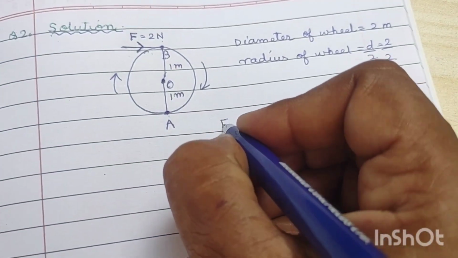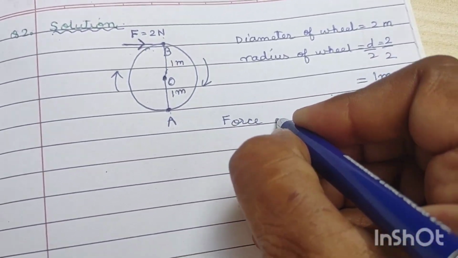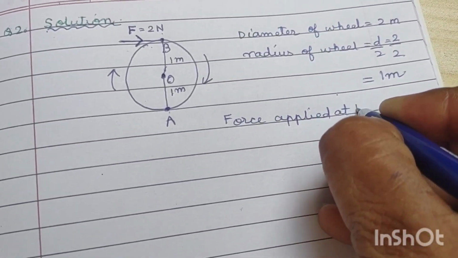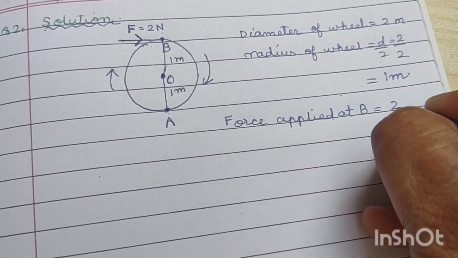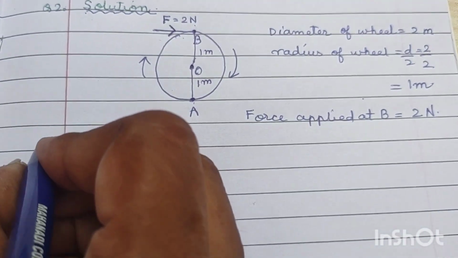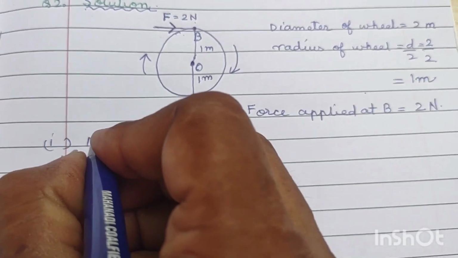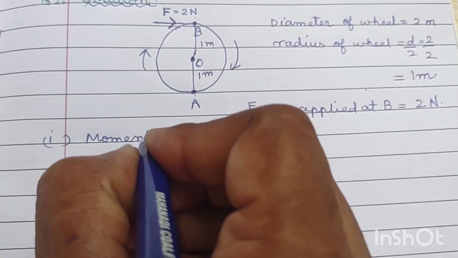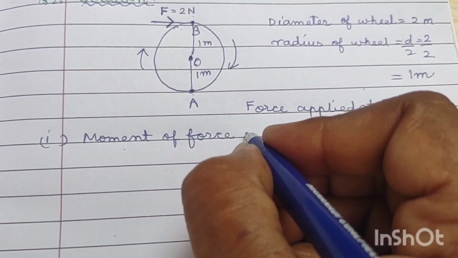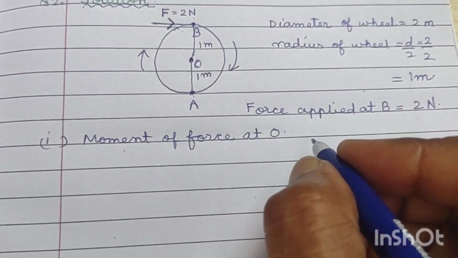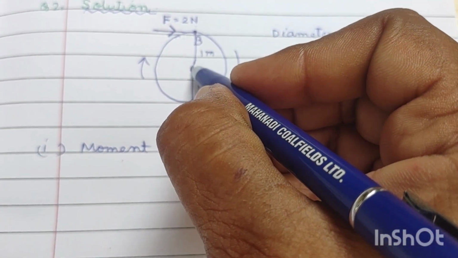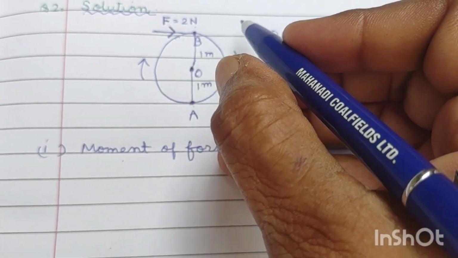And force applied at B is 2 Newton. We have to calculate the moment of force at O. So force is applied at B and we have to calculate the moment of force at O.